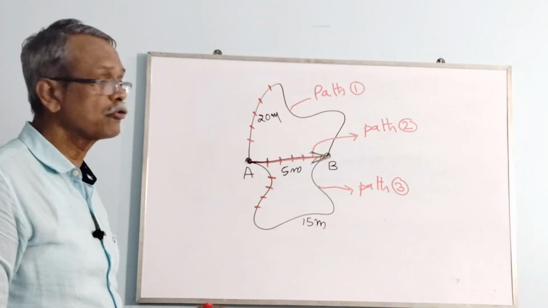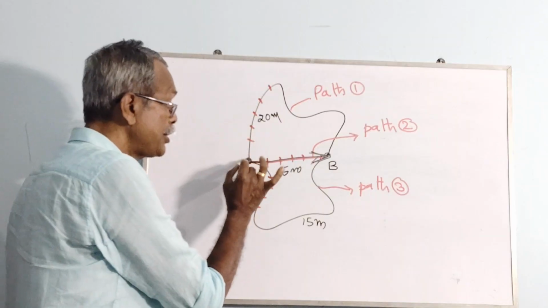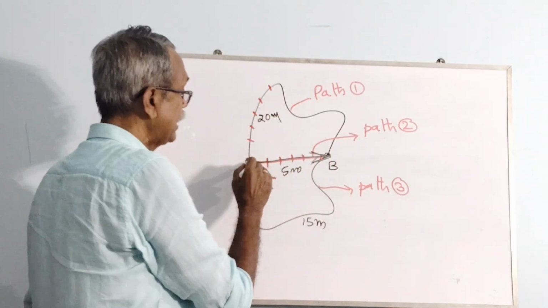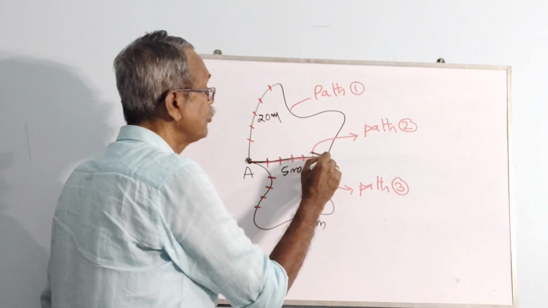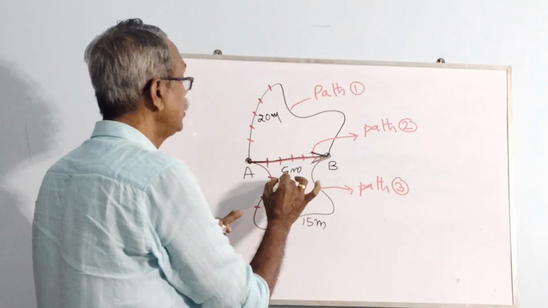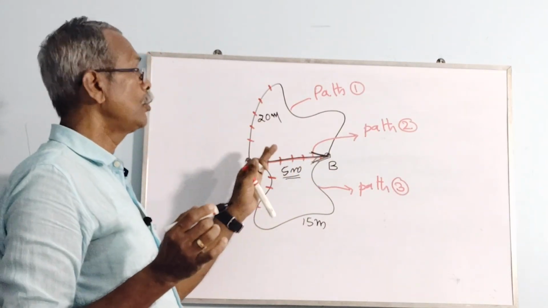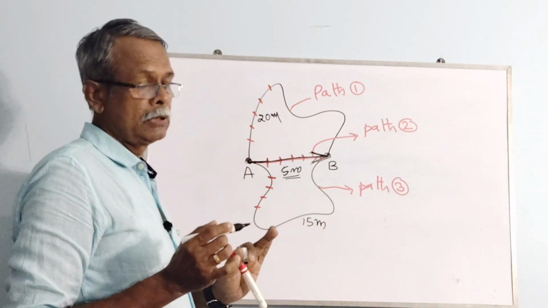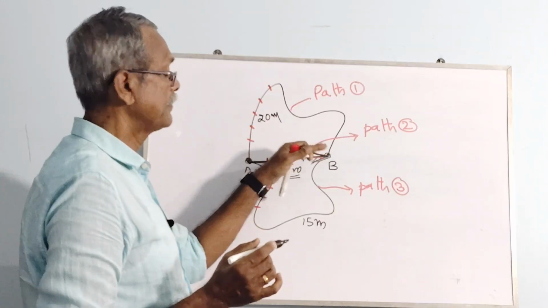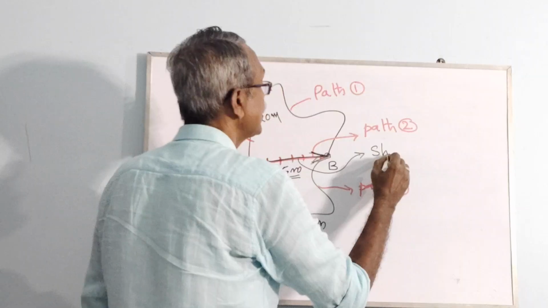But the displacement is always a vector from the initial point to the final point, directed from the initial position to the final position, and having a magnitude 5 meter. So it is a vector having magnitude 5 meter. This is the path length. Path length can be different, but this is the same. So we can see that this is the shortest distance.